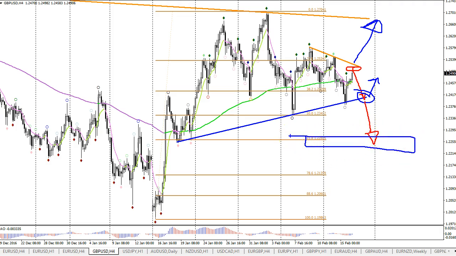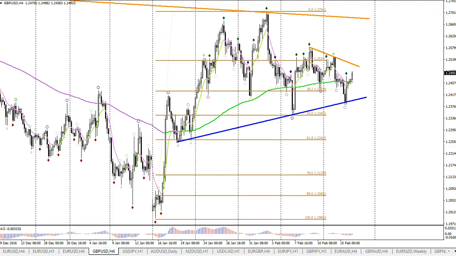I don't think that will happen today, probably not this week, but that is something that could happen next week if price breaks through support. Then it could fall down to the 61.8. It might even fall eventually even lower, but that would be the first fib that hasn't been tested. Price did test the 38 and did test the 50, reacted to both. If it breaks the blue support line, the 61.8 golden ratio is the next fib.